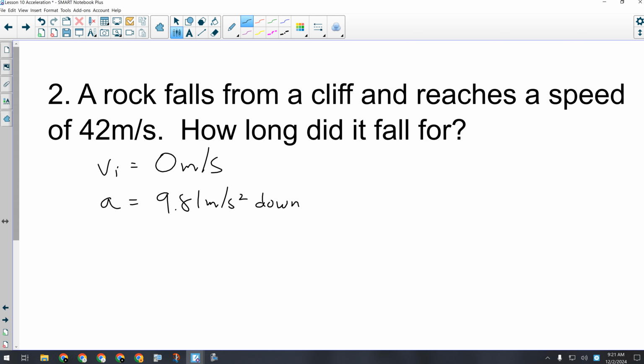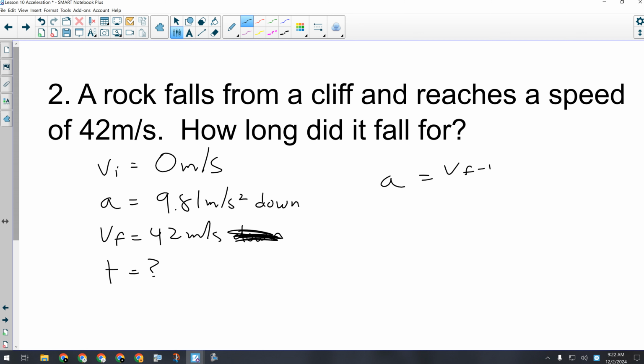They tell us the final velocity is 42 meters per second, and that's down. Although it says speed, so we can't really put that on there. We know it would be moving down, but we can't put it on there. And we're looking for time. How long did it fall for? So those are our givens.